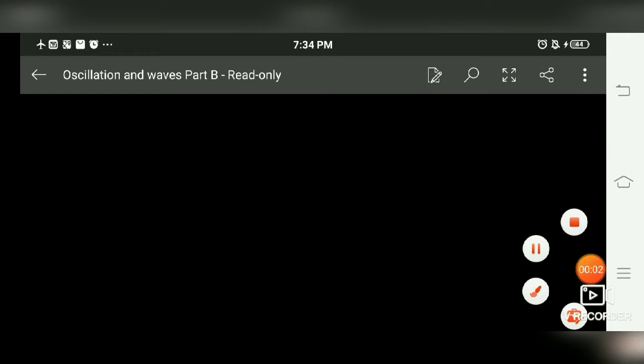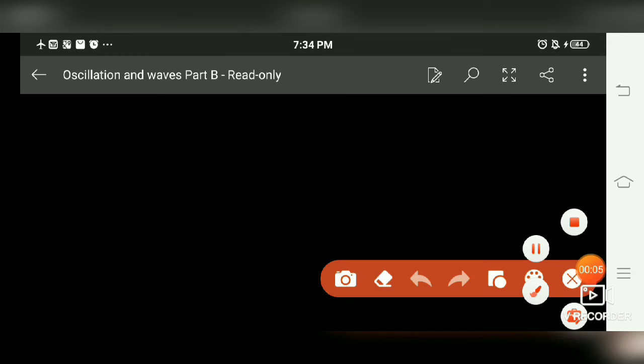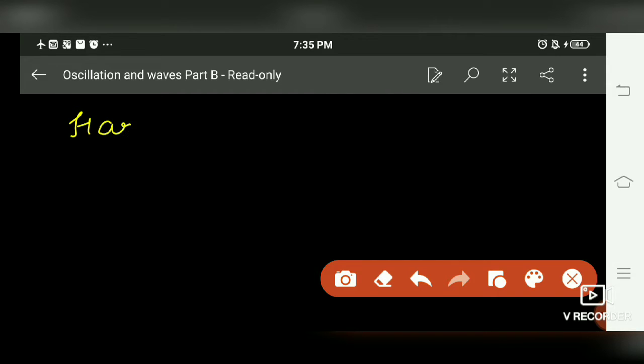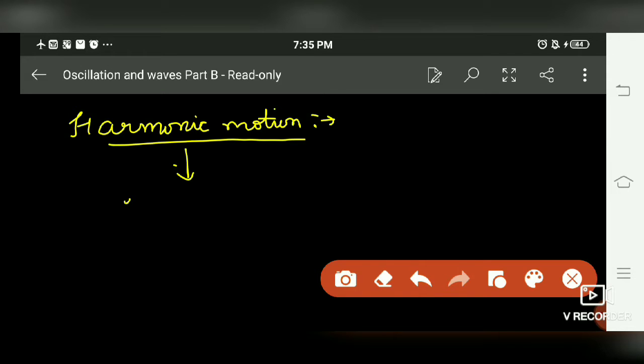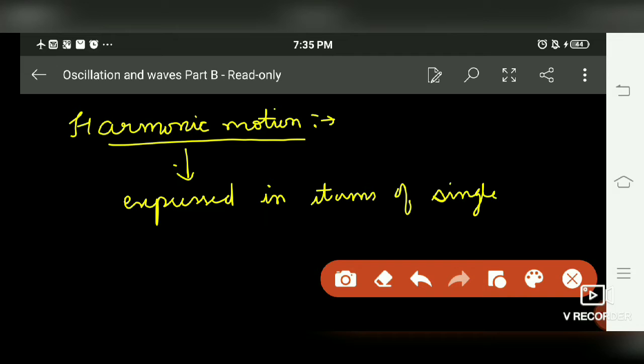Next is harmonic motion. Harmonic motion or harmonic oscillations are actually expressed in terms of a single harmonic function.